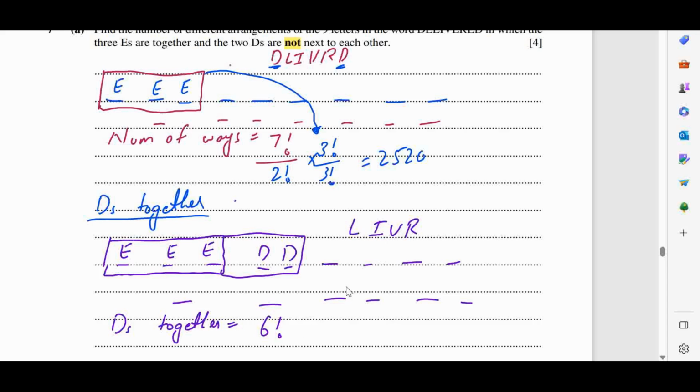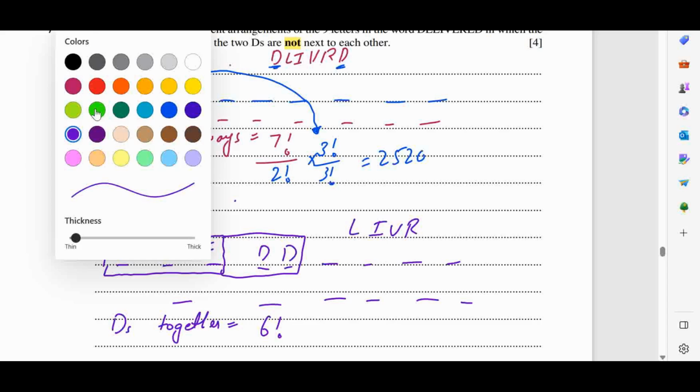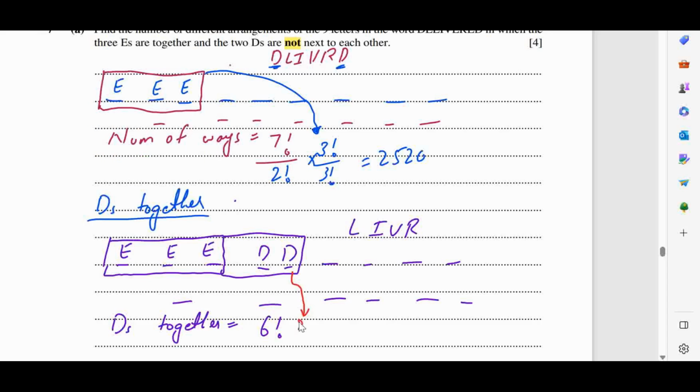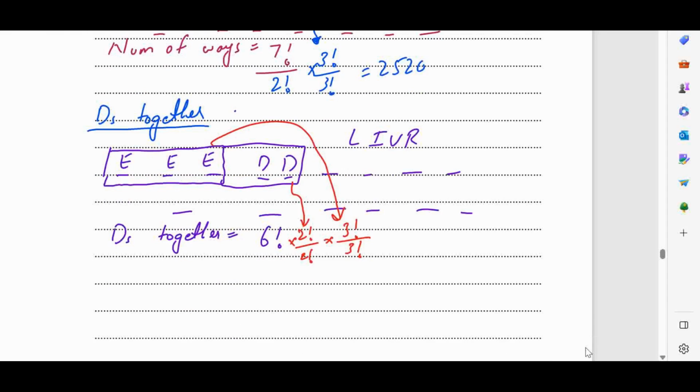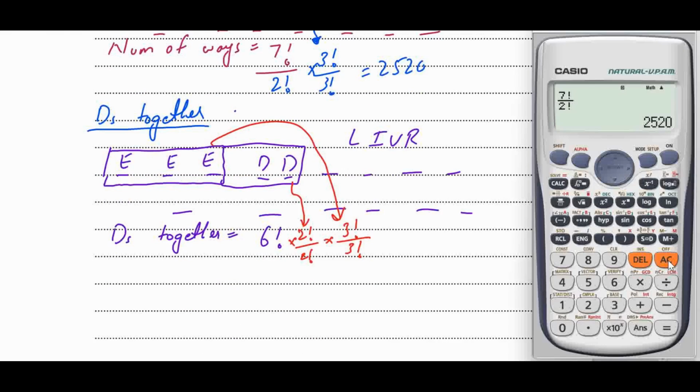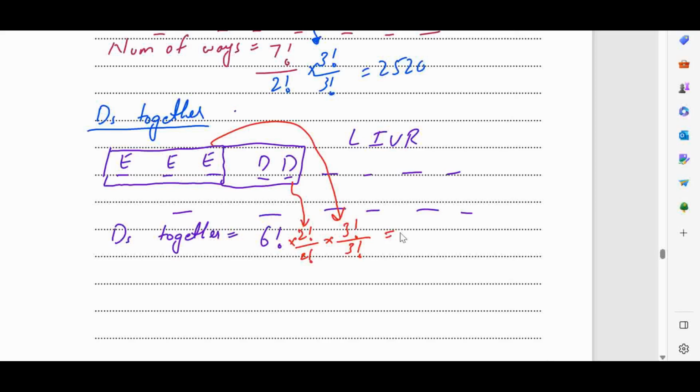So we can write it as 6 factorial, and for this box 2 factorial divided by 2 factorial, and for this box 3 factorial divided by 3 factorial. So finally the answer will be 6 factorial, which is equal to 720.